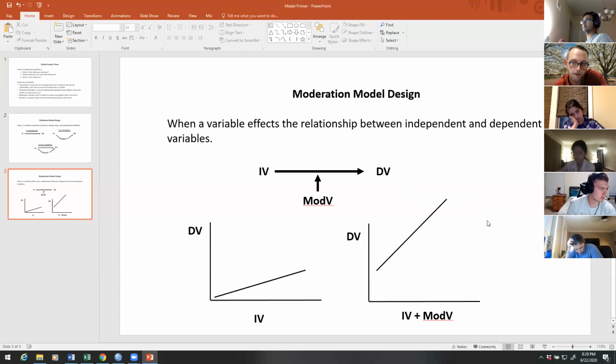So to be more generalizable, and for the model to be acceptable in more circumstances, if I added age as a moderating variable, it would probably capture what it needs to capture. And the model would work for multiple samples.